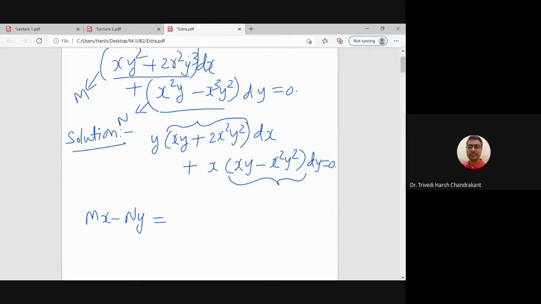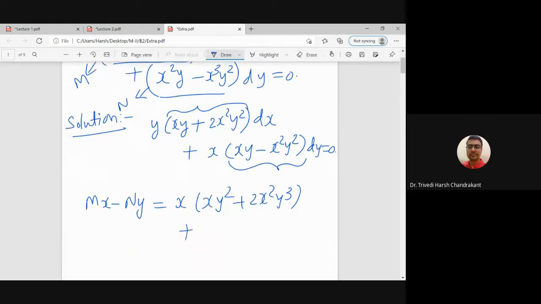So Mx minus Ny is basically x times (xy square plus 2x square y cube) minus y times (x square y minus x cube y square).